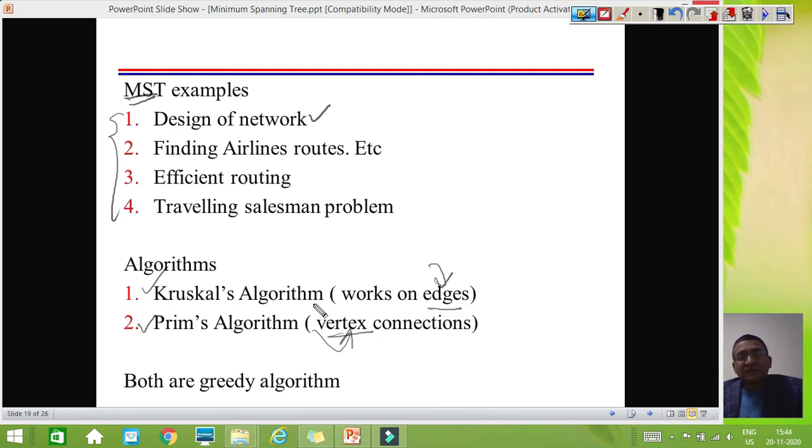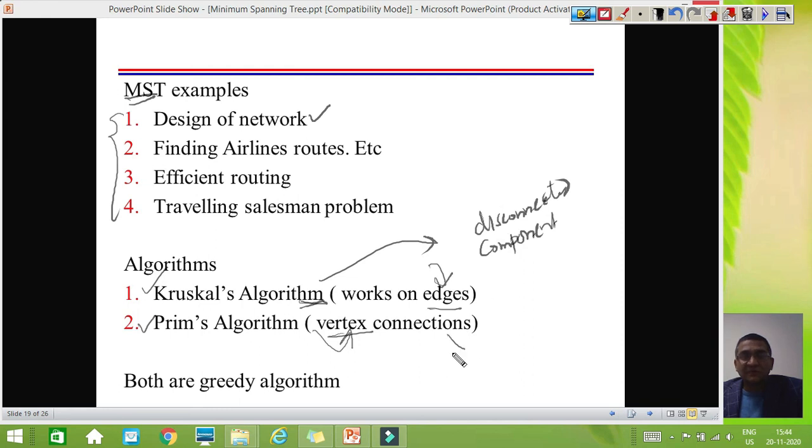The other difference of these two algorithms is that when we work with the Kruskal algorithm, you may have components which are not connected. So we have disconnected components. It means the vertices you are working on at any point of time may be disconnected at any intermediate stage.